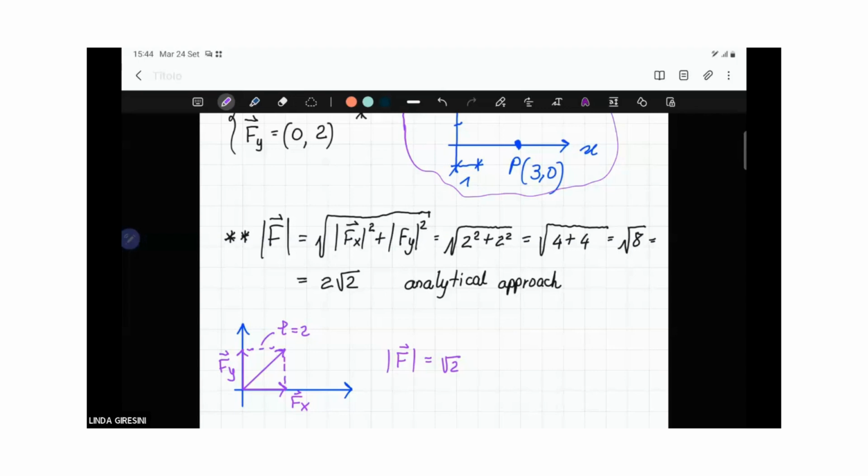The side, the edge, L. This is for a square. If you have a square which has edge L, then the diagonal is square root of 2 times L.